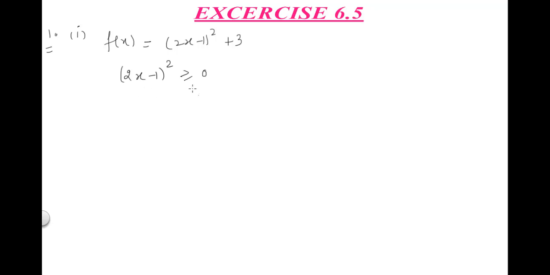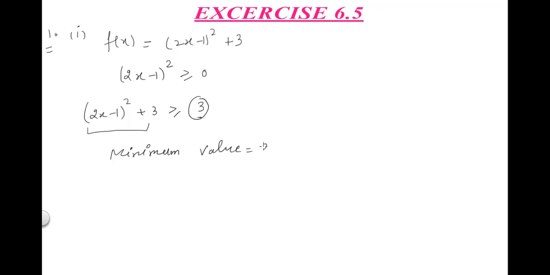Now adding 3 on both the sides, we get (2x minus 1) whole square plus 3 greater than or equal to 3. So we see this function is always either equal to 3 or greater than 3. So the minimum value is 3. So we will write minimum value for this function is equal to 3. And maximum value we don't know up to which value it will go, it can go to infinity. So we write no maximum value.